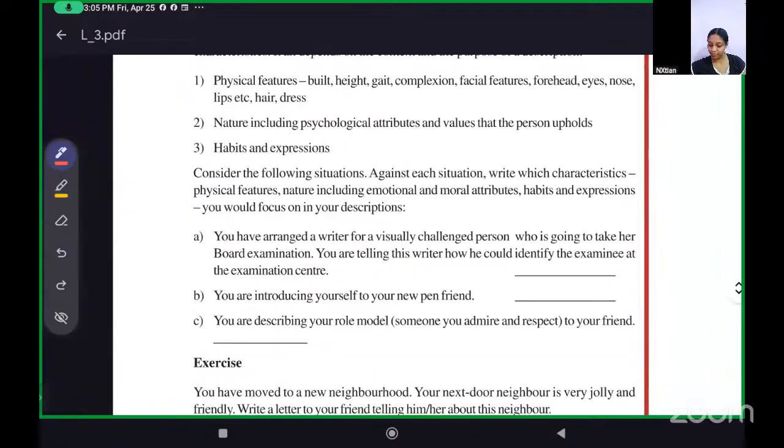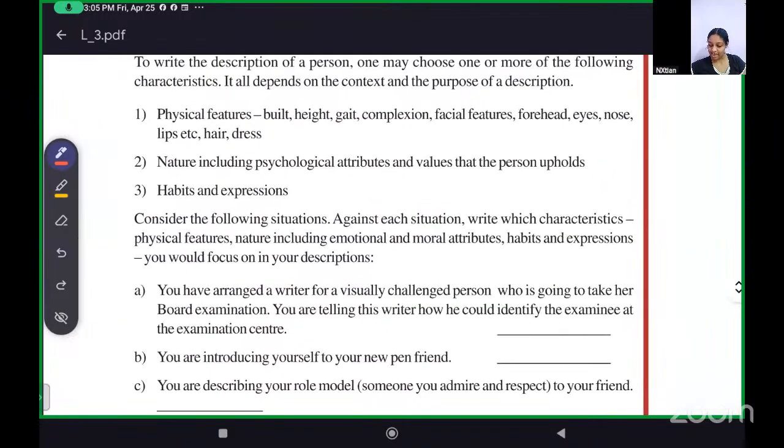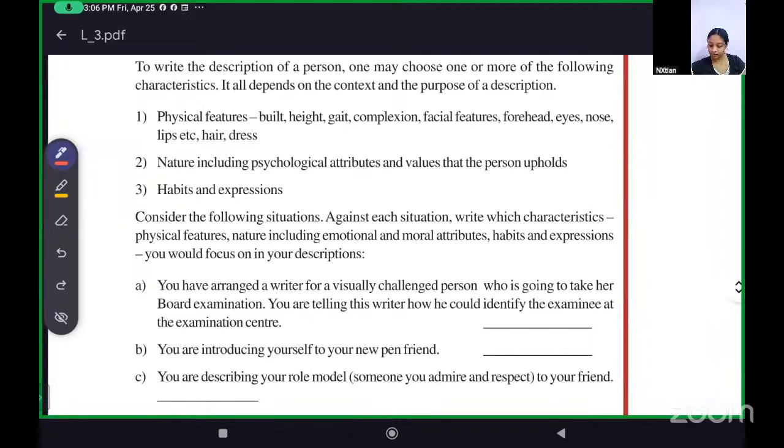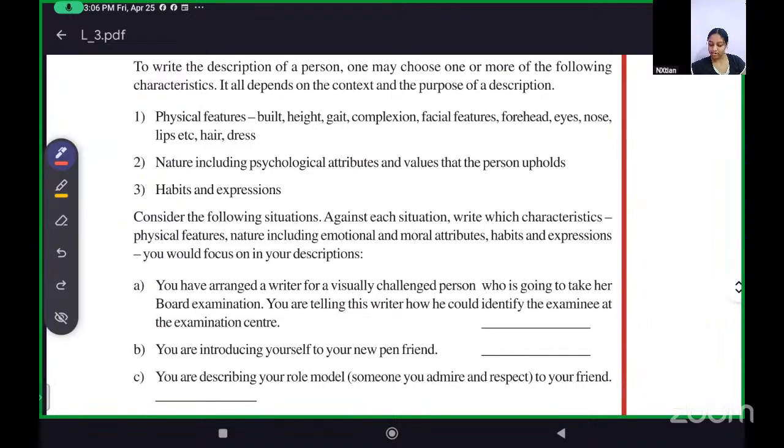I will give you an example and then you can try it out.